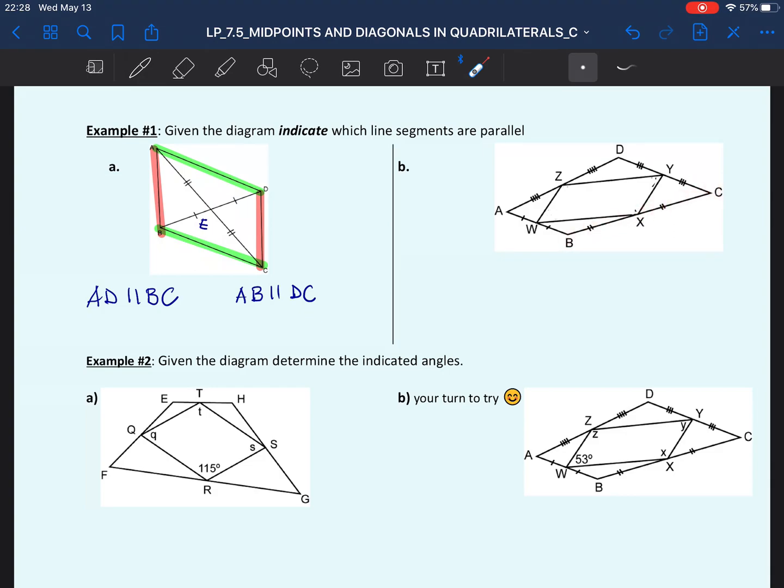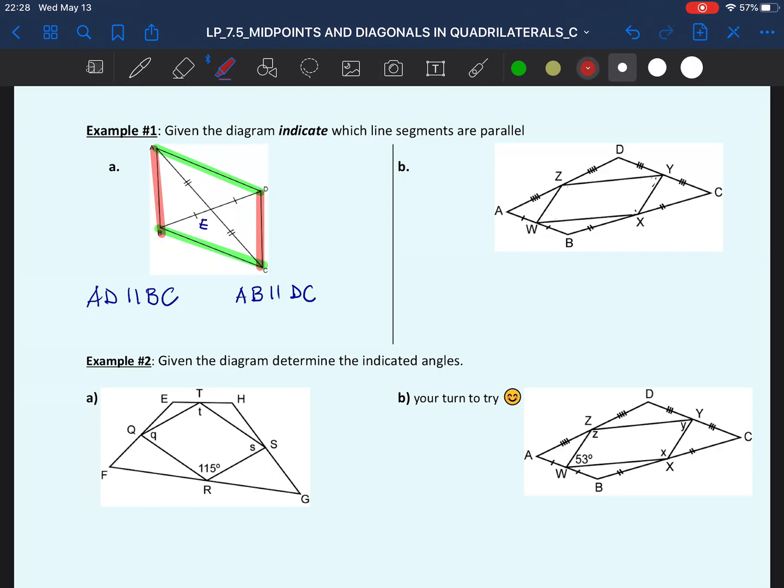X is the midpoint of BC, and W is the midpoint of AB. And all those midpoints are connected to each other consecutively. So that tells us, according to the first theorem, that WXYZ must be a parallelogram.